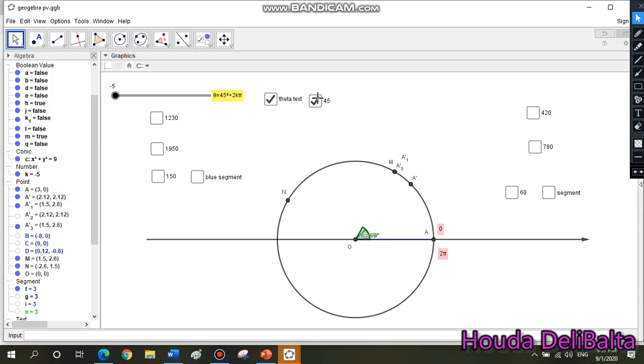So if I have 45, and here is a slider that's going to move k from -5 till 5. k is an integer indeed. So I'm moving k, notice. However I move k, the angle is still in its place. Let's make it clearer. Here is the angle corresponding to 45.